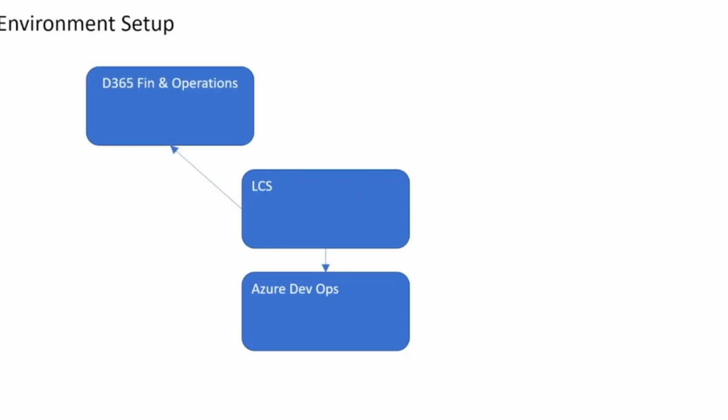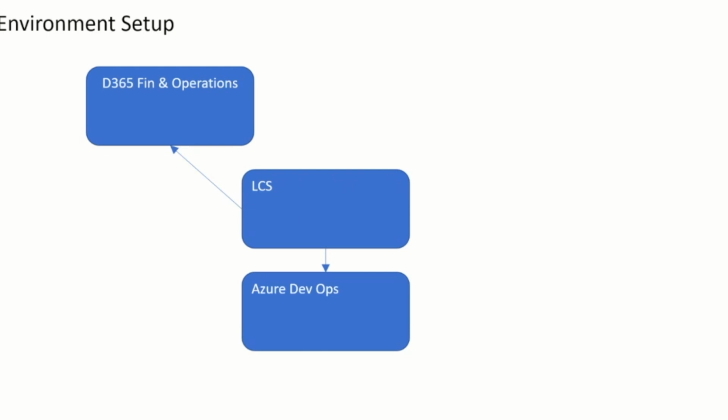From LCS, as a last step, we would then start deploying the Dynamics 365 finance and operations environments. We can deploy the tier 1 environments, and we can deploy tier 2 standard acceptance test environments.